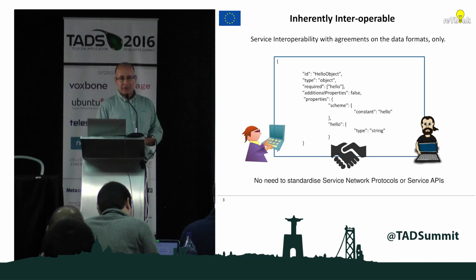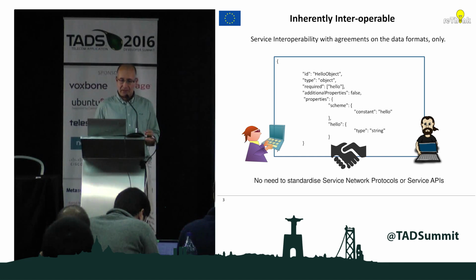Another very important characteristic, and this is very much following and fulfilling the requirements that Tassos just mentioned, is that a hyperty is inherently interoperable. So this means that the standards that are required in order to make two different hyperties interoperate are minimal.